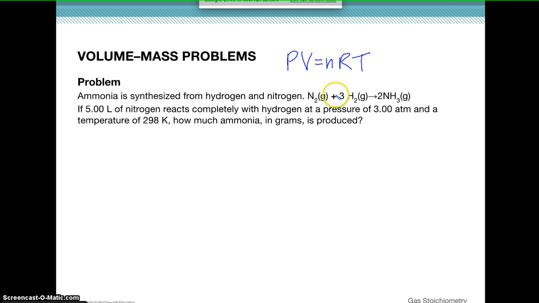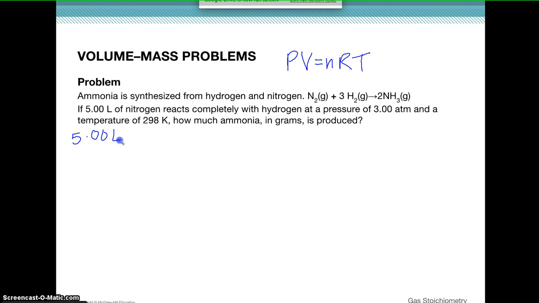So if we know the pressure, the volume and the temperature, we can solve for moles, and then from moles we can get grams, right? Well, what do we need to figure out? We're given the pressure, we're given the temperature, we're given the volume of nitrogen, but we want to know the volume of ammonia. So we're going to have to do a little conversion first before we use PV equals nRT.